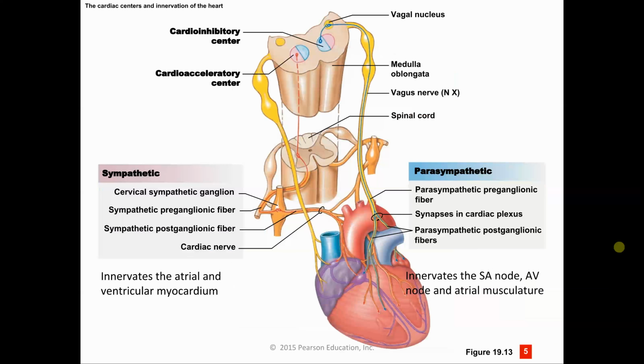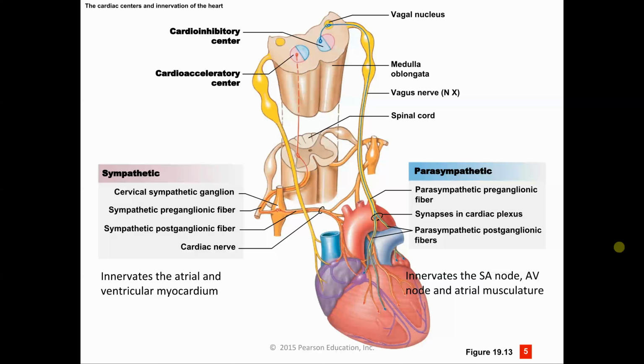So here are the neurons that are going to control that sympathetic and parasympathetic response. First of all, it's going to be the medulla oblongata that controls heart rate, mostly. We have a cardioacceleratory center and a cardioinhibitory center. So the acceleratory center is going to be the sympathetic response.